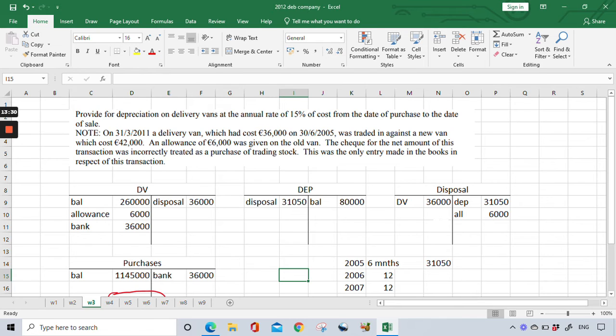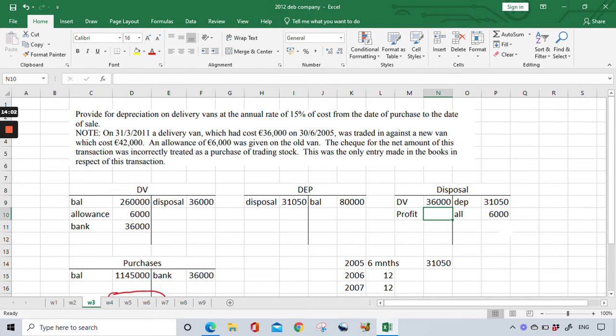I go to the disposal account. We have, if you think about it logically, the van cost 36. If you depreciated it by 31,050, so 36,000 minus 31,050, the van was worth 4,950. They gave us though 6,000. So the balance is going to go here, and the balance is going to be a profit of whatever the difference is.